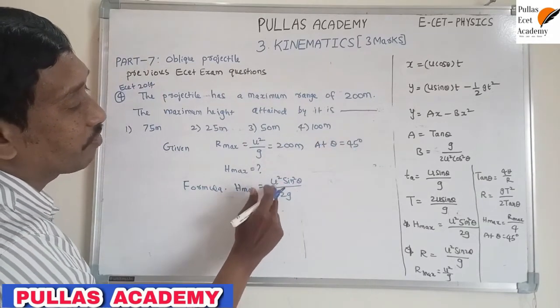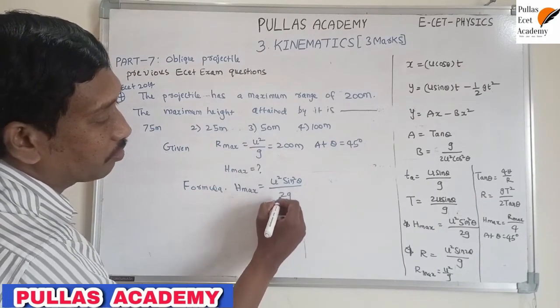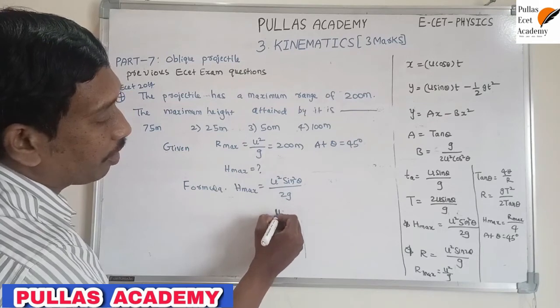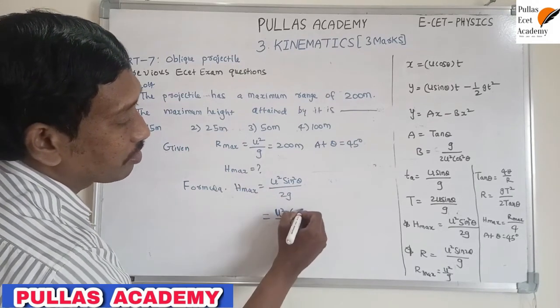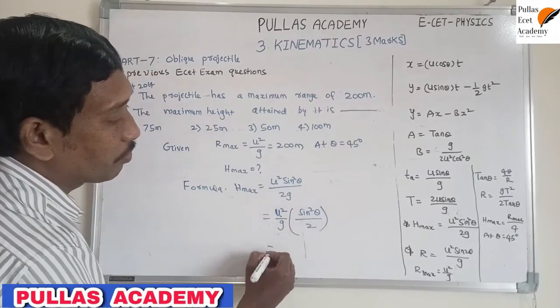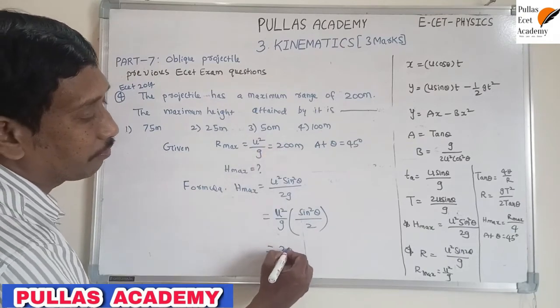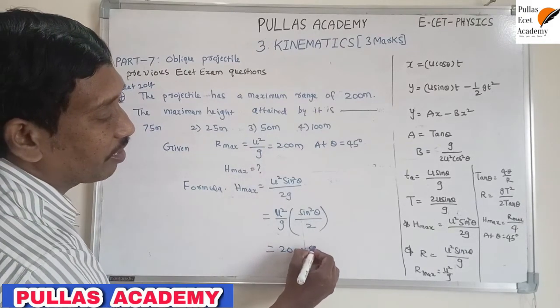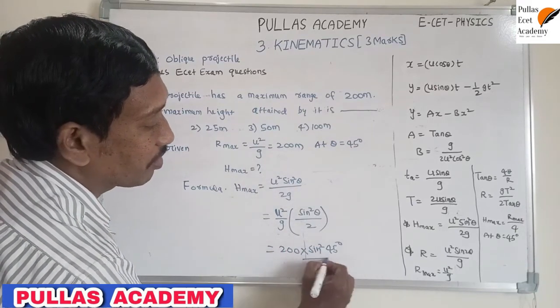So here in this equation, u square by g is given. If you write it like this, 1 by 2, u square by g written separately, the remaining part is sin square theta. Why write it separately? Because u square by g value is given, that is 200. And sin square theta with theta equal to 45 degrees, substitute 45 degrees, divided by 2.